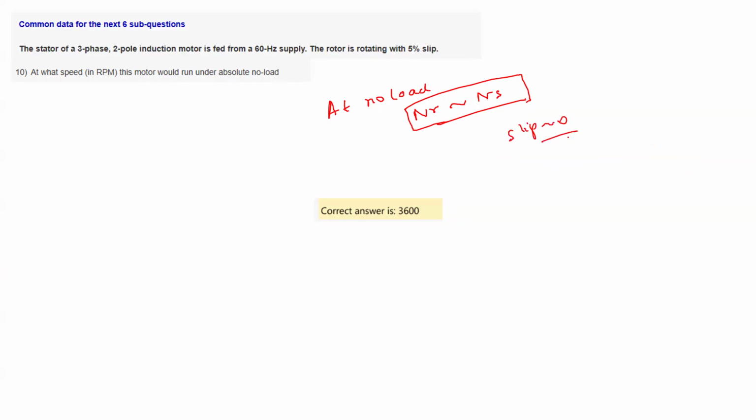If you see the torque versus slip characteristics, you will see that at no load the slip is nearly zero. So you just remember this. I will discuss it more in the next class: at no load, Nr is approximately equal to Ns.